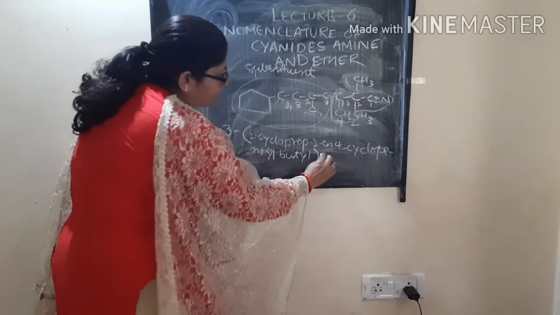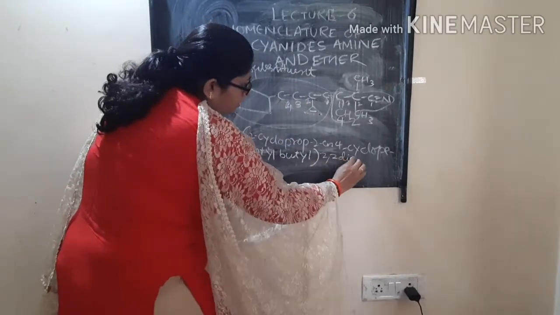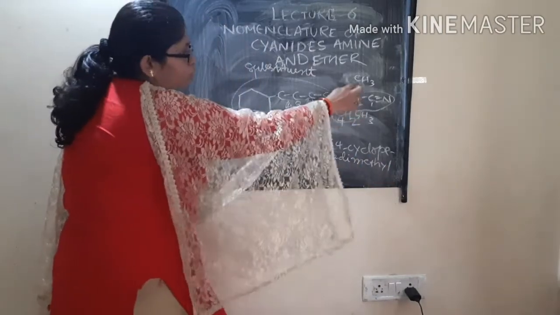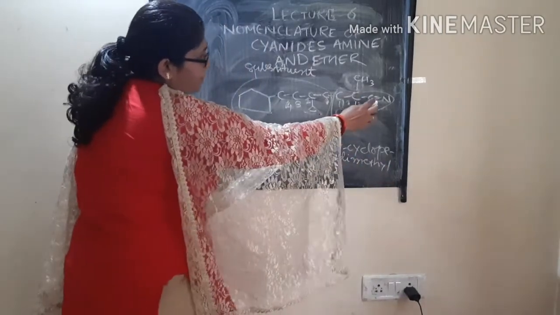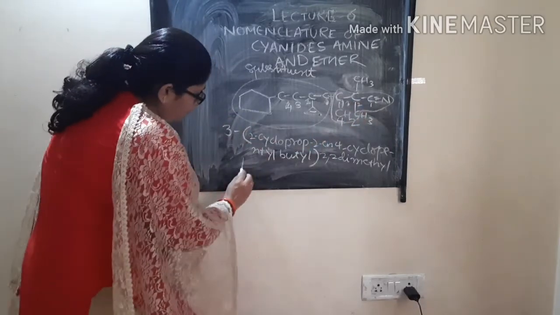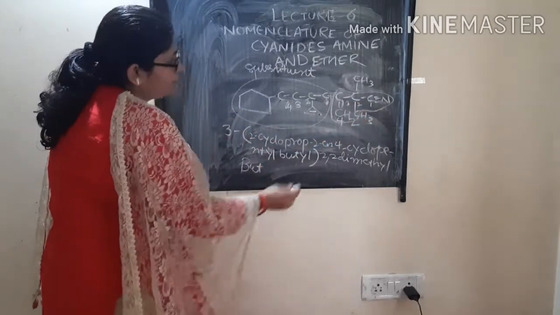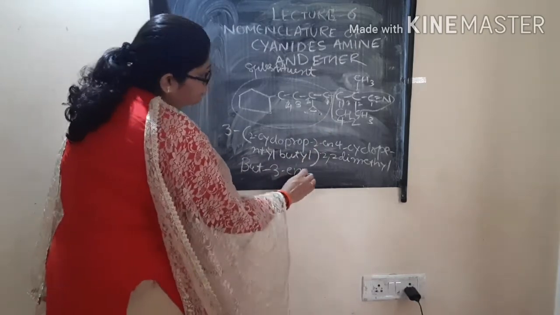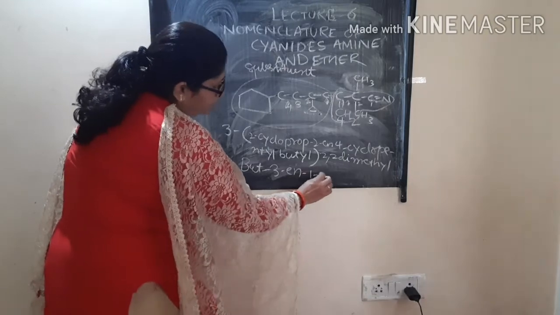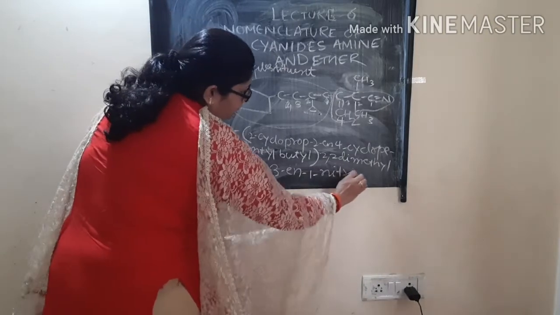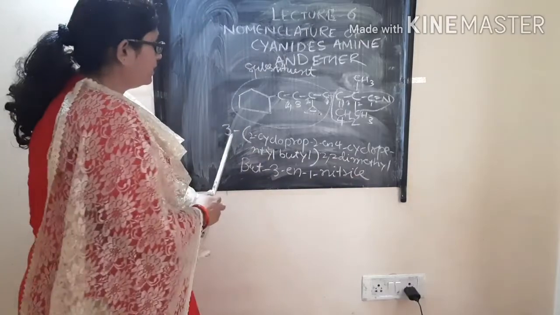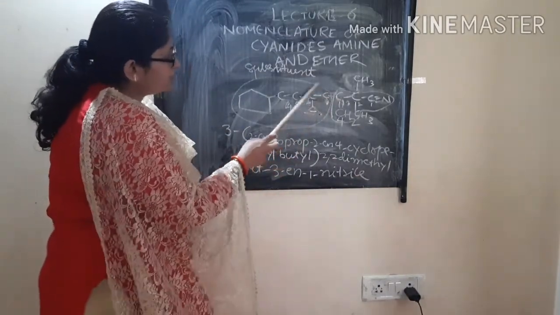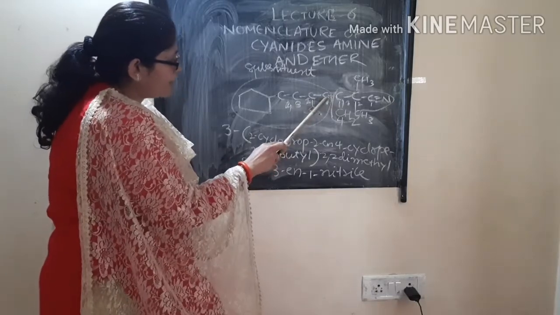So what will you write? 2,2-dimethyl. Then count the number of carbons, 1, 2, 3, 4. But. Then at the third position you can see the triple bond, 3-yn-1-nitrile. At the third position we have this substituent. Now this is the substituent, this is the first carbon.